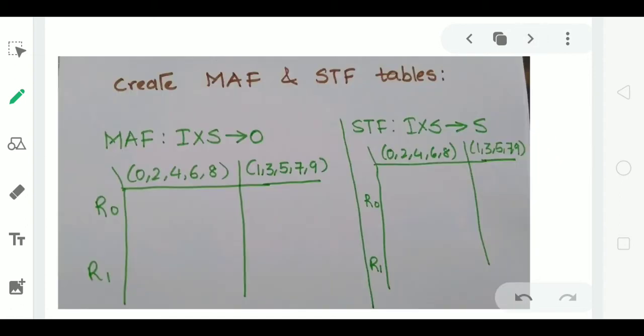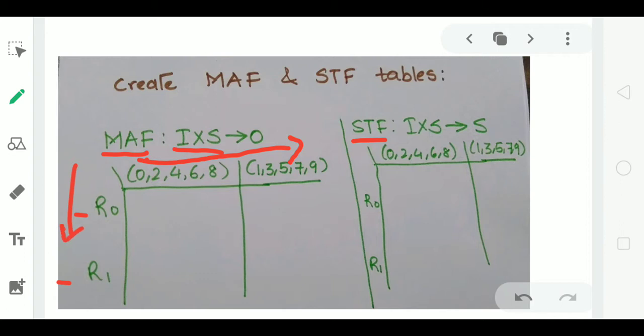Now after finding this set of inputs like 0, 2, 4, 6, 8 and 1, 3, 5, 7, 9, plus the states R0 and R1, we are going to design the machine function and state function. The machine function consists of inputs. Here the inputs are listed: 0, 2, 4, 6, 8, 1, 3, 5, 7, 9 in two groups, and the states are marked here.